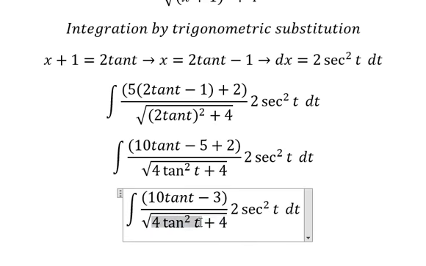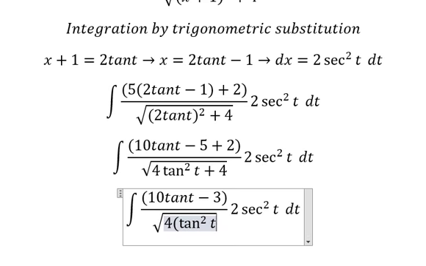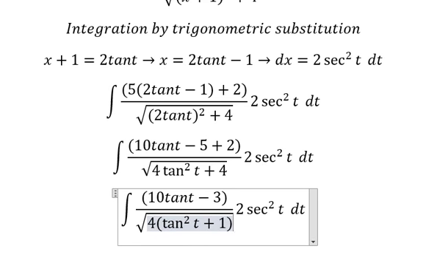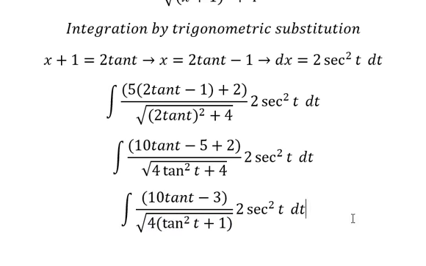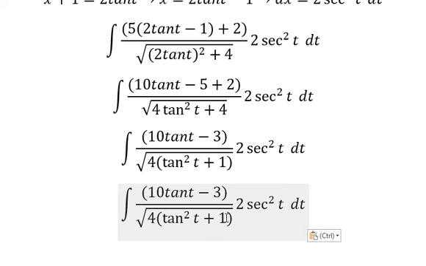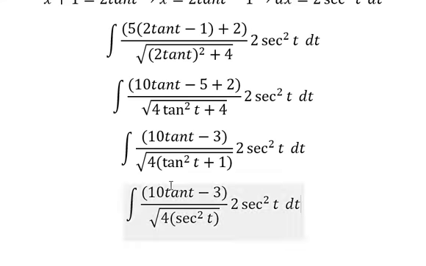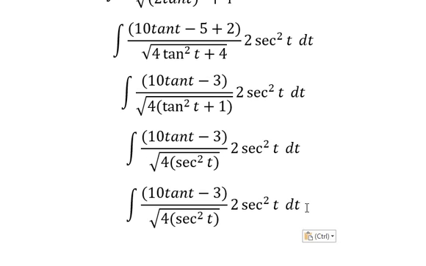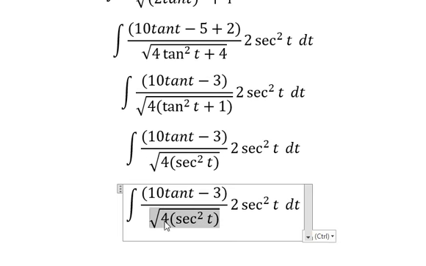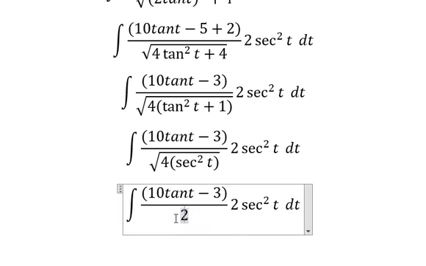This one we can do about factorization. Tan t square plus 1, you get secant of t square. The square root of this one, you get about 2 secant of t.